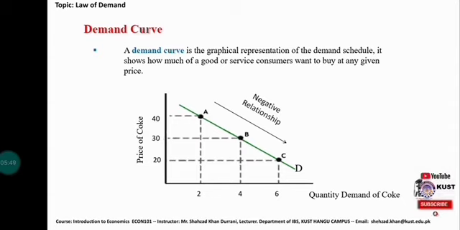That's called the demand curve, the green line that you can see, and this line is sloping downward. We can see the expansion in demand while the price is reducing. When the price is reducing, the demand is increasing. So there is a negative relationship, or an inverse relationship, between the price and the quantity demanded.